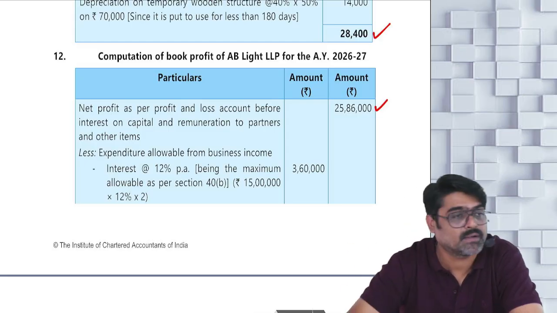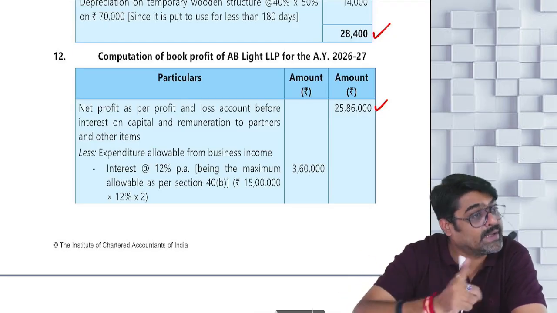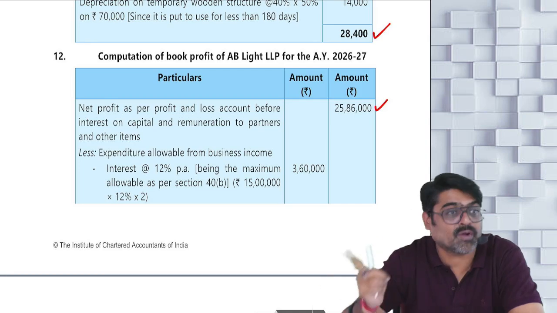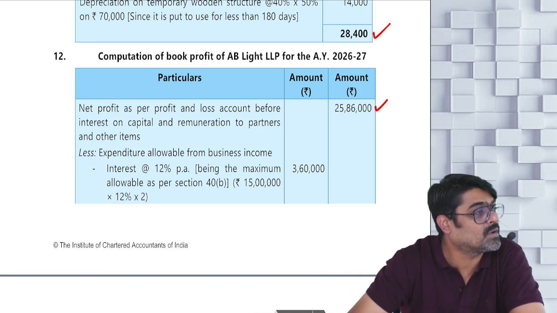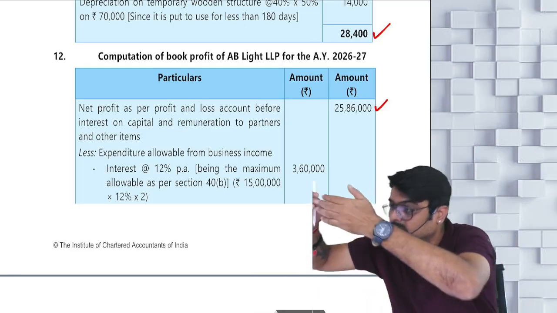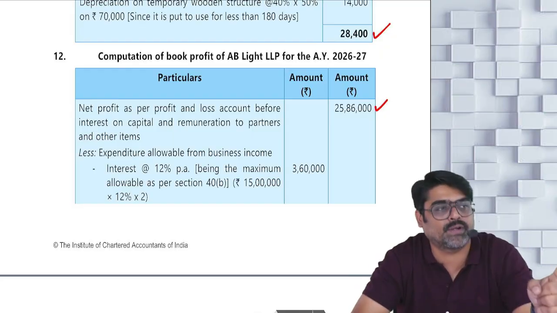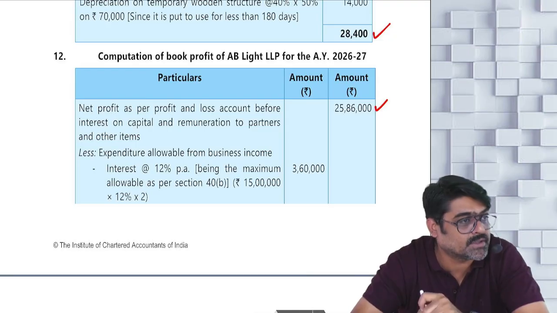But this profit is before what? This profit is before interest, this profit is before remuneration, and this profit is before those items which are given in the table. Yes or no? So out of this profit, to calculate the book profit, which all things you are going to reduce? Are you going to reduce current year depreciation? How much is the current year depreciation? Check.